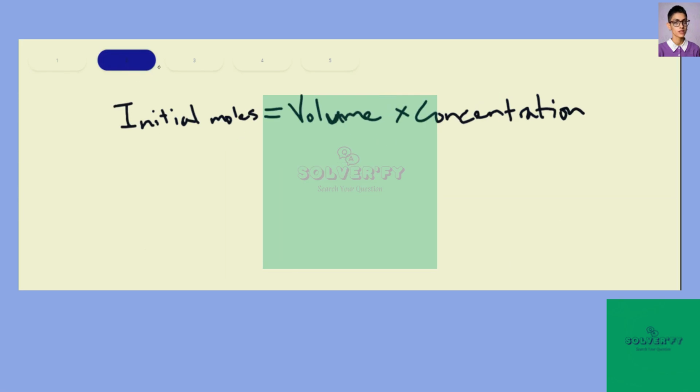Next, we need to figure out the initial moles so that we can figure out how many moles were added to it. So all we do is we take the volume times the concentration of both the acid and the base. For the acid, it's 0.25 liters times 0.25 moles per liter.